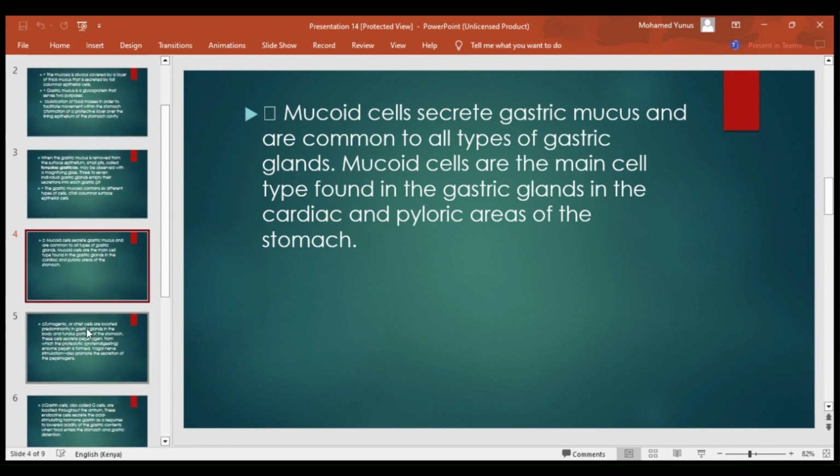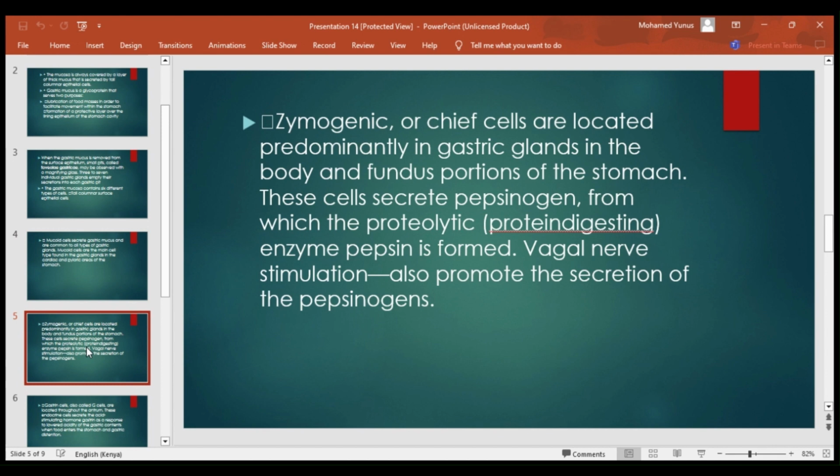The antrum is the lower part of the stomach. So we also find that we have the zymogenic cells, also known as the chief cells, which are located predominantly in the gastric glands in the body and fundus of the stomach. These cells secrete pepsinogen, which is proteolytic.